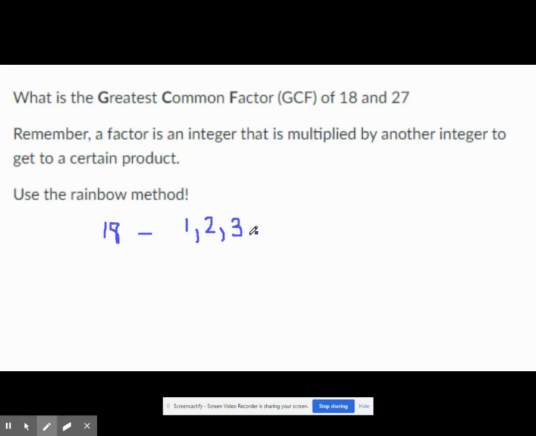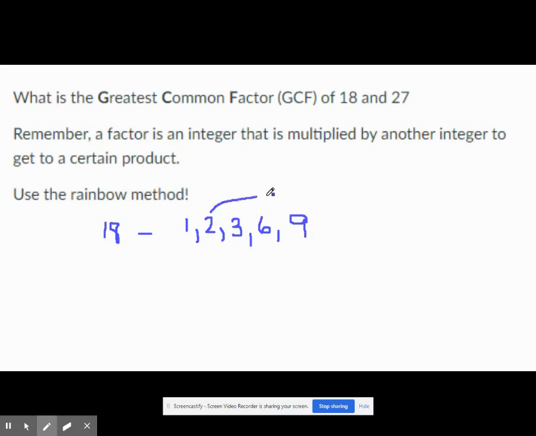3 times 6 will give me 18. 4, there's nothing that I can multiply 4 by to get 18. 5 is not a multiple of 18, or a factor of 18, so we can forget that. Remember, we said 6 times 3 will equal 18. There are no 7s or 8s that we can multiply by to get to 18, but 9 times our 2 over here is 18.